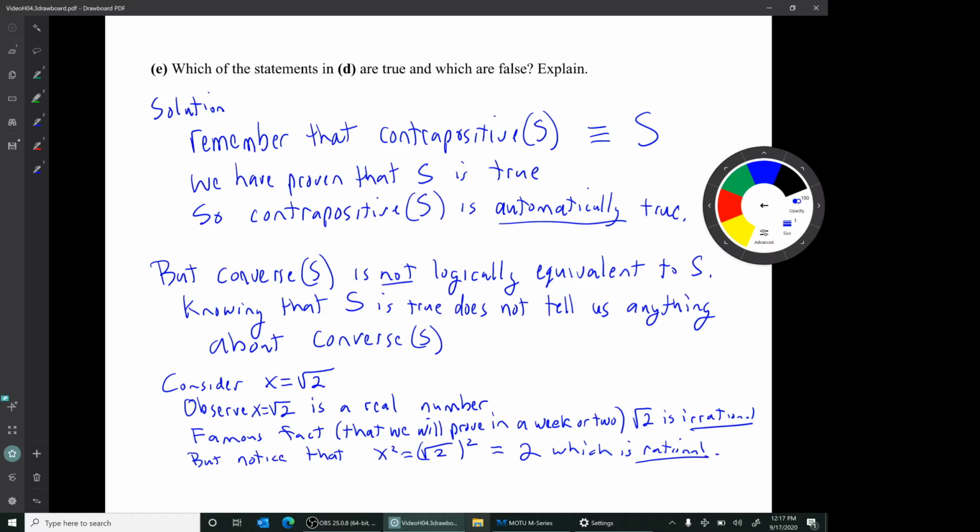So we have an example of a real number x such that x squared is rational and x is not rational.